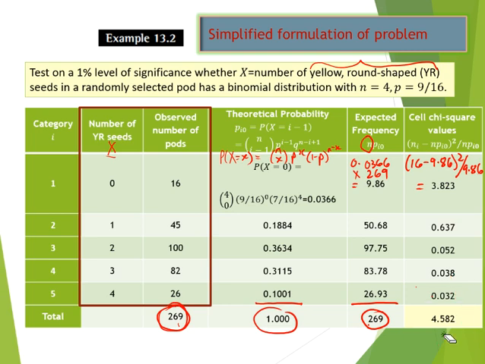And then your test statistic value is obtained by adding all your cell chi-square values. So 3.823 plus 0.636 plus this will give you 4.582. That's your test statistic value. Now you're ready to do the complete hypothesis test.